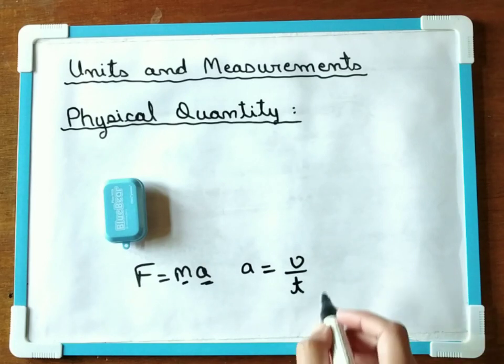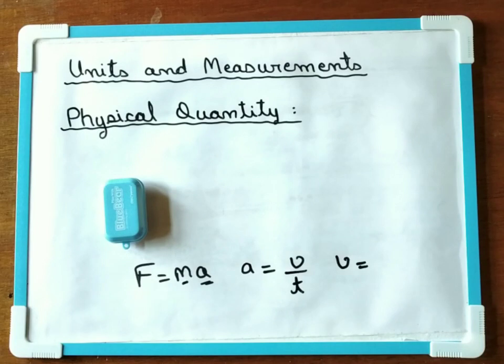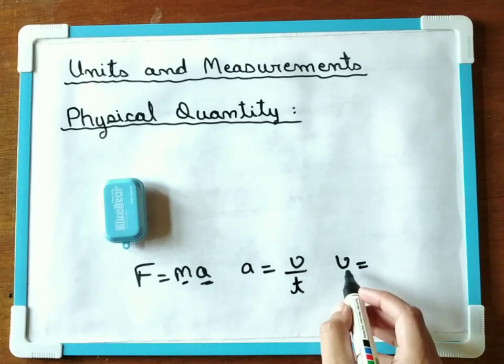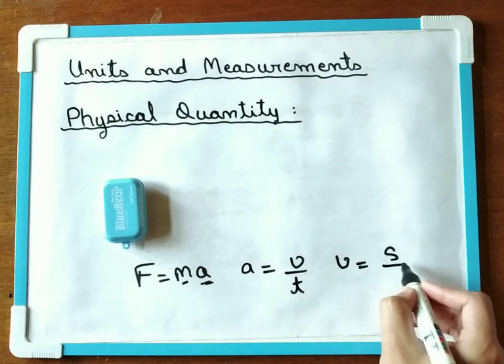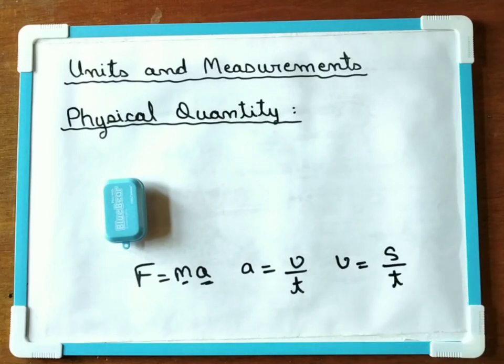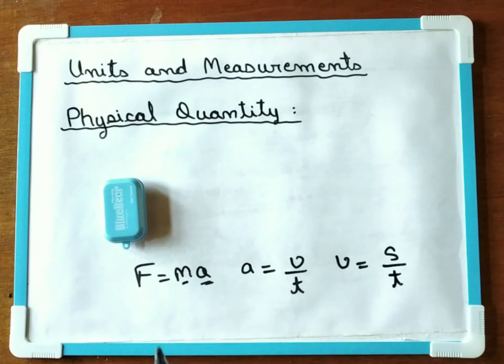And what is velocity? Velocity is defined as the rate of change of displacement, or its formula can be written as V equal to displacement by time. Now all these are average quantities. Like this one is the average velocity and this is also the average acceleration.